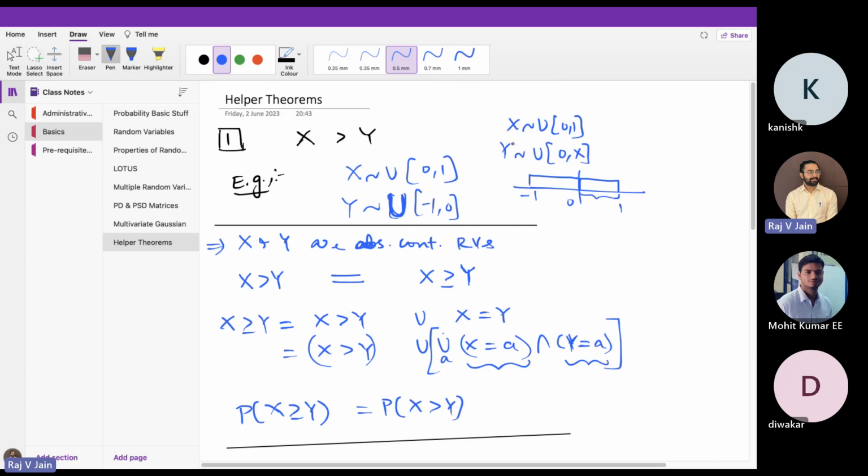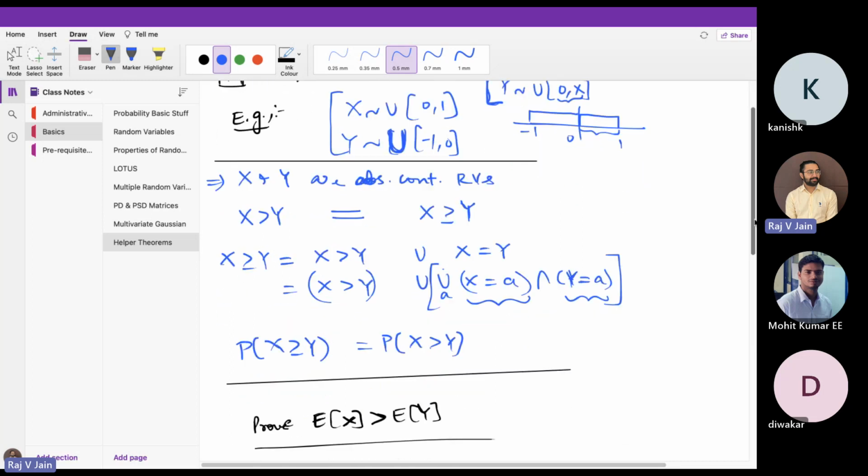Then obviously y is always less than x. Here the support of y depends on what x you got from the previous step. So these are not independent as such, unlike independent random variables, where one doesn't affect the other.